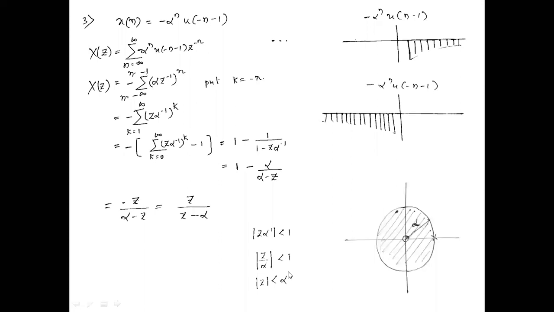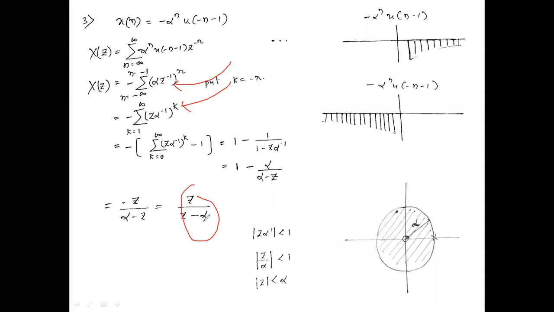These two templates you will use all the time, so that we don't have to solve the problems every time. And one more thing: the ROC is never determined by the final Z transform, but it should be determined at the early stage, where we do the substitution in the infinite sum.